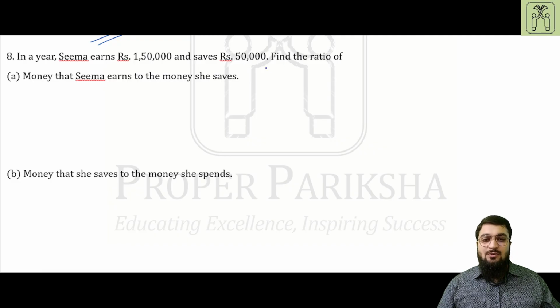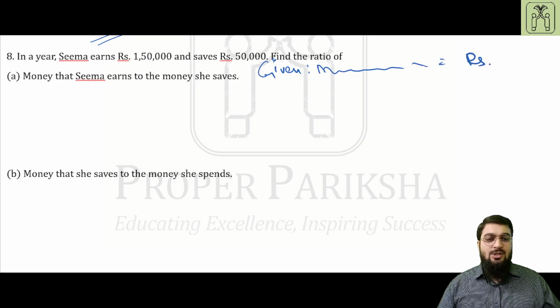Okay, so we will write given: money Seema earns in a year is equal to rupees 150000. Then money Seema saves in a year is equal to rupees 50,000.